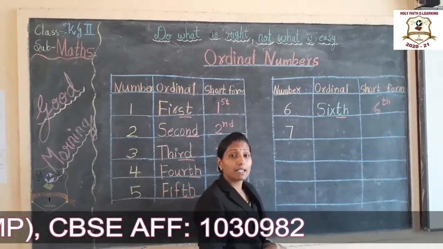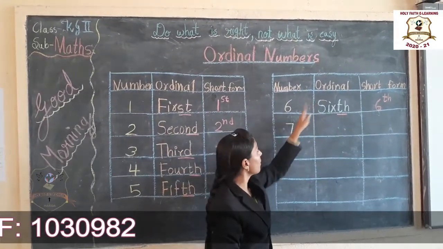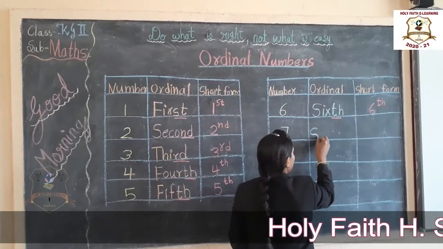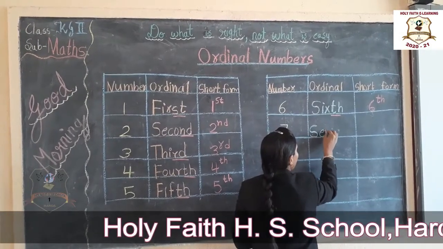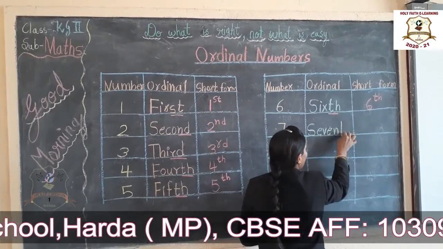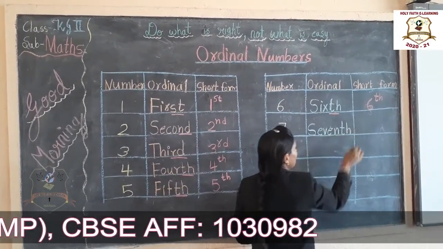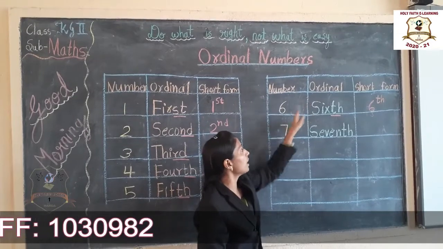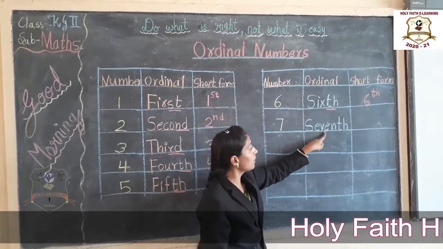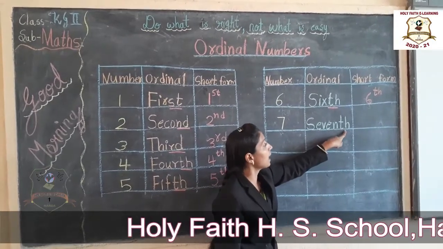Which number is this? 7. The ordinal number of 7 is, look at here, S-E-V-E-N-T-H. Seventh.